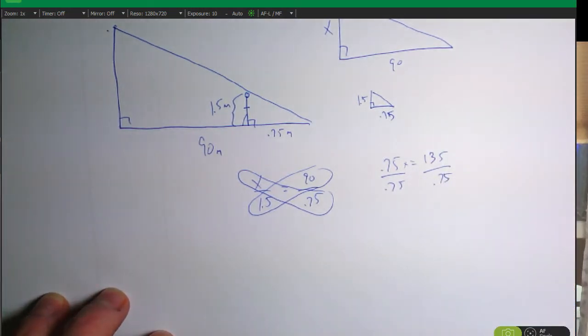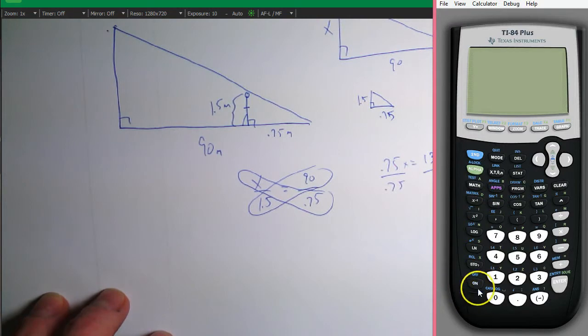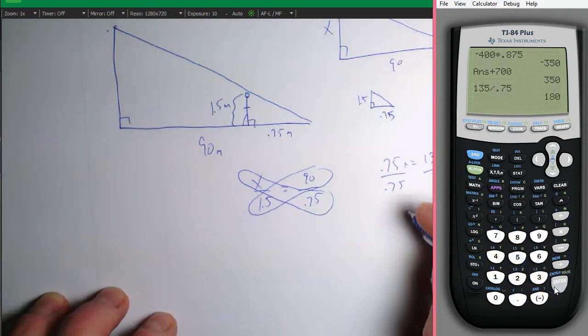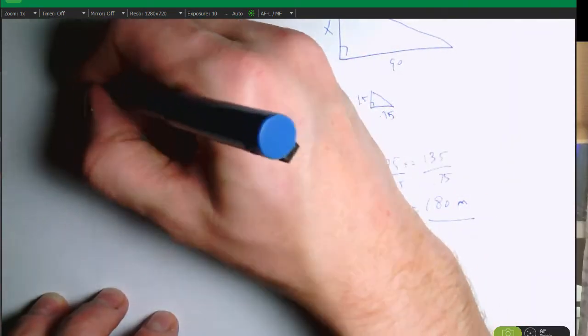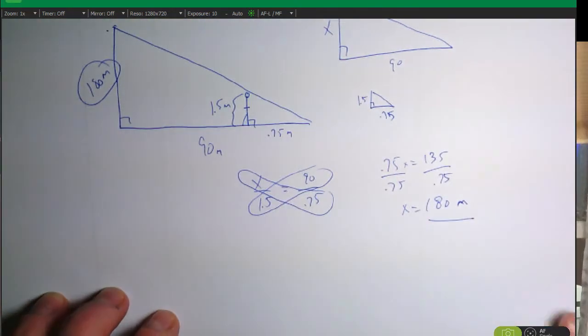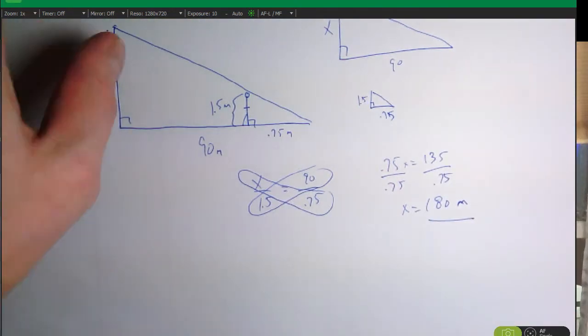Pull out the calculator, and we get 180. Our units are meters, so the building is 180 meters tall. All right, another shadow reckoning problem that the book likes to use is number 10.